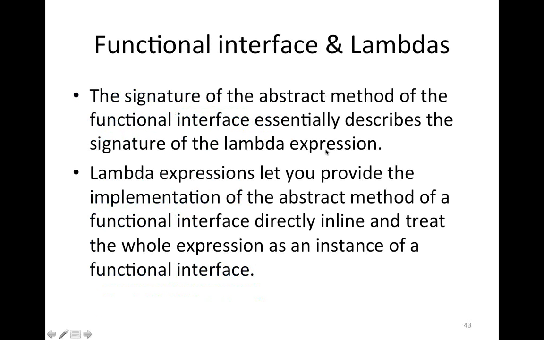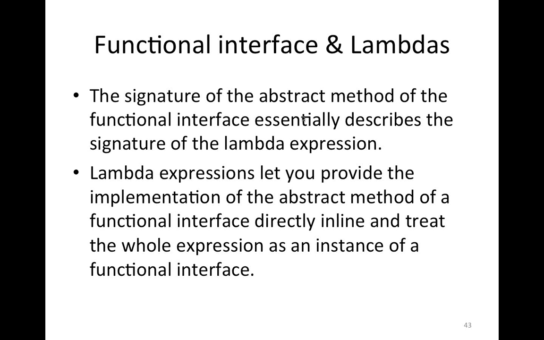So here comes probably the most difficult slide of the webinar. I want you all to stay with me and read this carefully. The signature of the method inside that functional interface essentially describes the signature of the lambda expression. And what a lambda expression lets you do is provide that implementation of the method from the interface directly inline.